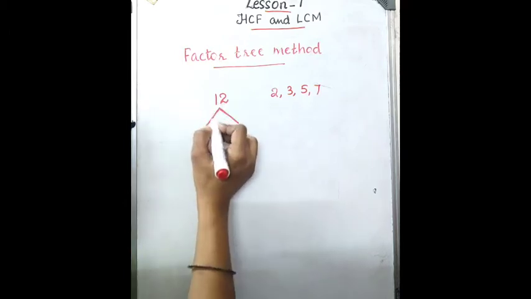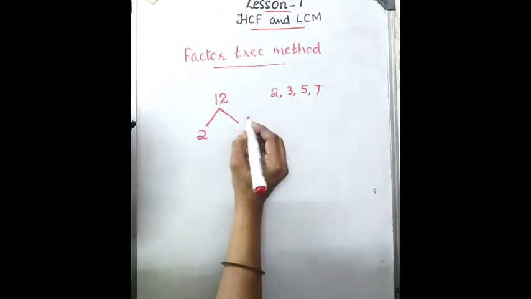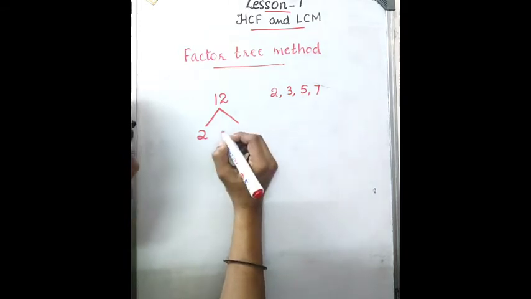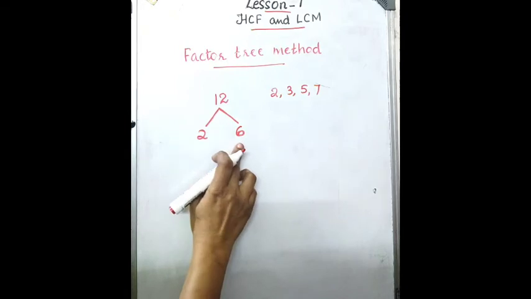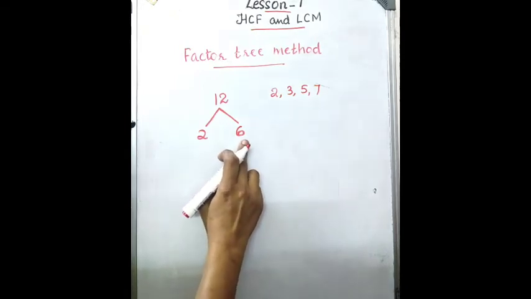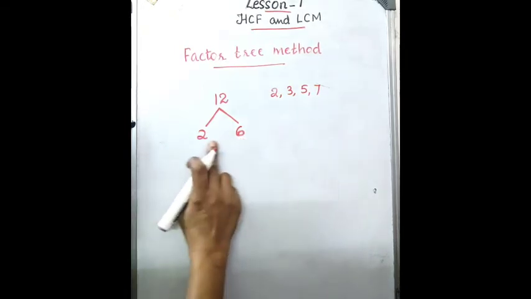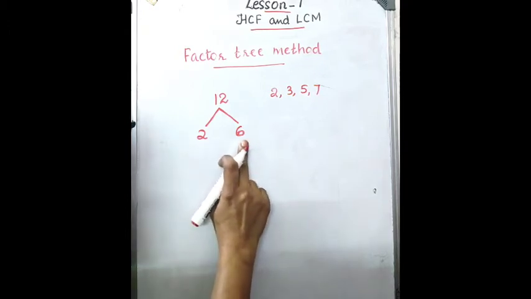How many times does 2 go in 12? 12 divided by 2 is 6. We got 6 here. 6 is a composite number, and 2 is a prime number. Do you understand? 6 has more factors.